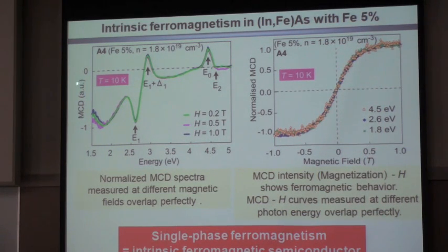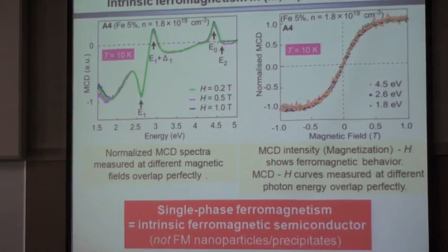And then we normalized, and we show the normalized MCD peaks at different magnetic fields. And all these spectra completely overlap. So this means the magnetic signal comes from single-phase ferromagnetism.